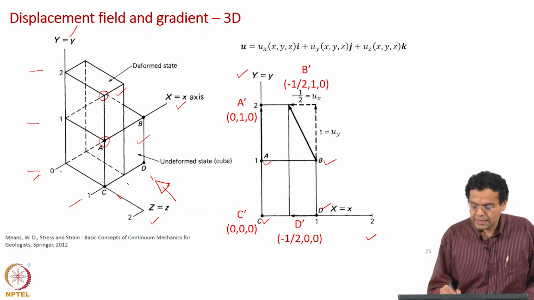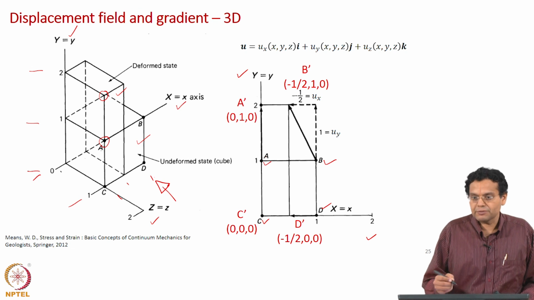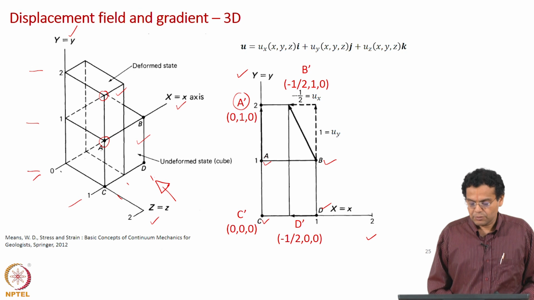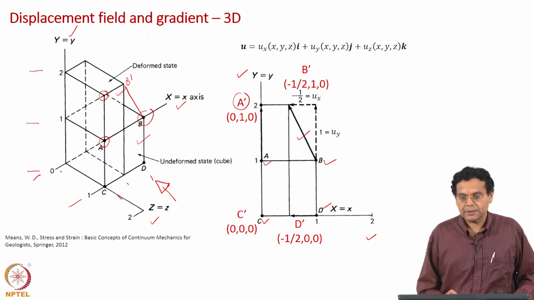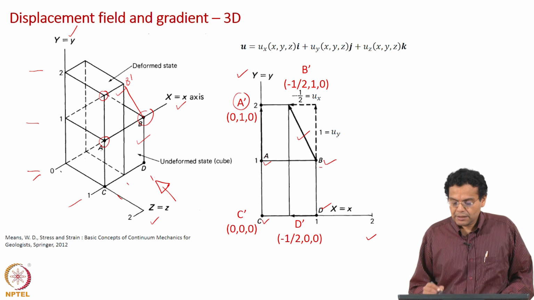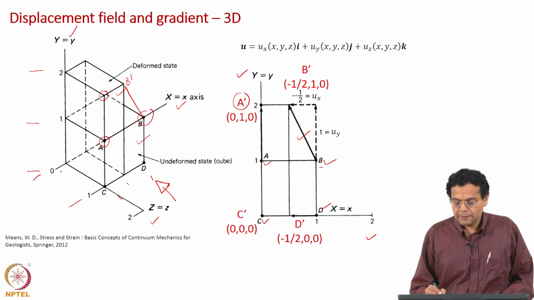This arrow mark represents the direction of displacement. Now let us come to B. B is here and B dash is here. So it has moved in this direction, and this arrow mark represents the direction. B is the original position and B dash is the final position.